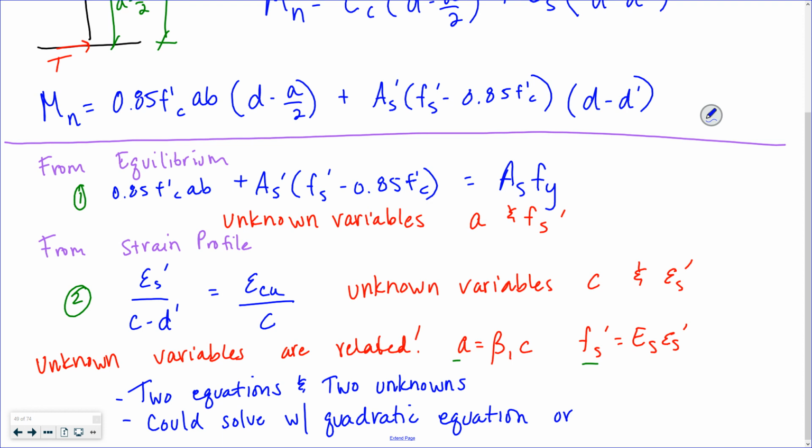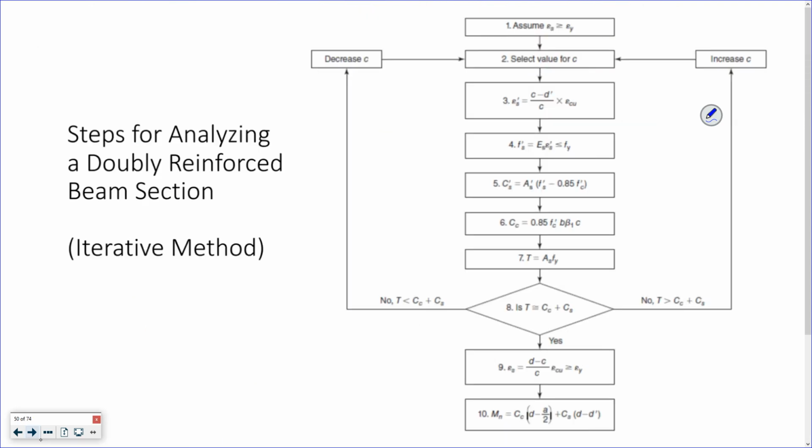Or you could do an iterative process, which is where you guess a value, go back and check it. If it doesn't work, adjust your value, go back and check it. So these are the steps, this is the iterative method if you aren't so excited about doing the quadratic formula.